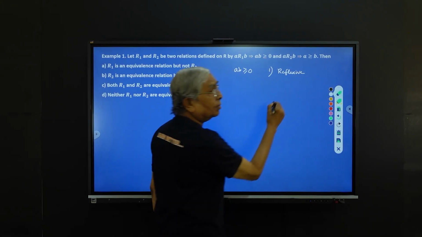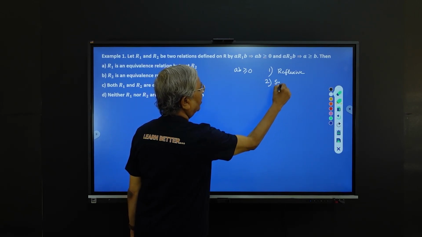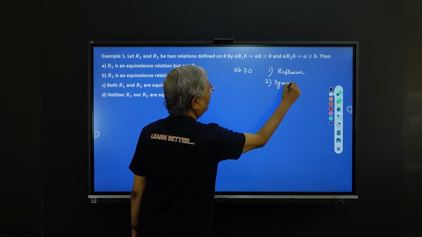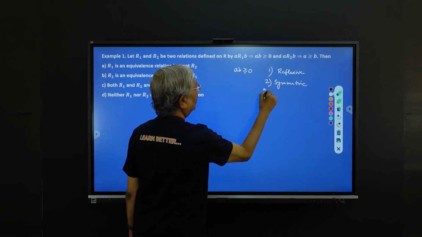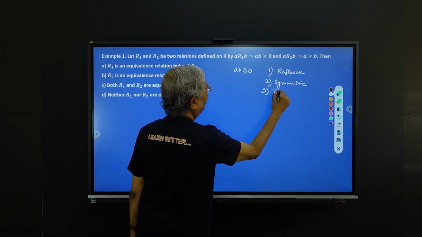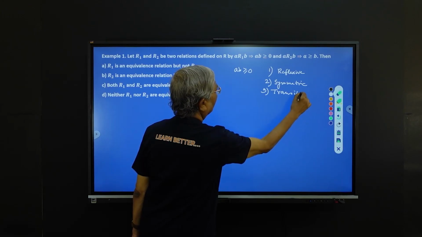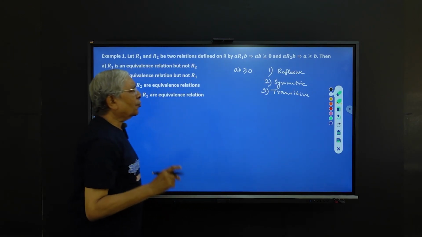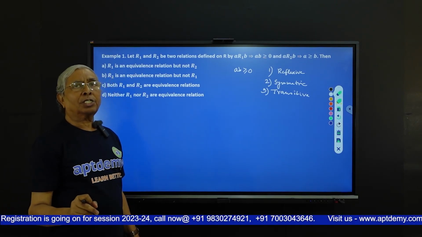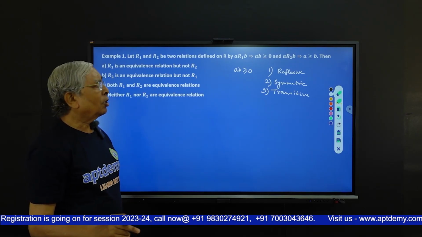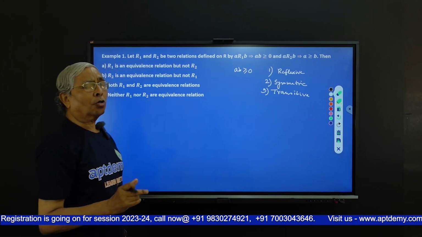Number one, it should be reflexive. Number two, it should be symmetric. And number three, it should be transitive. If these three are satisfied, then we say that the relation is an equivalence relation. So first, whether reflexivity is satisfied or not.